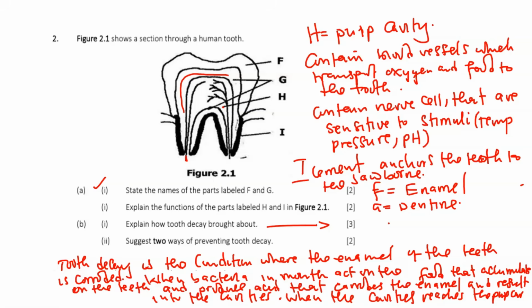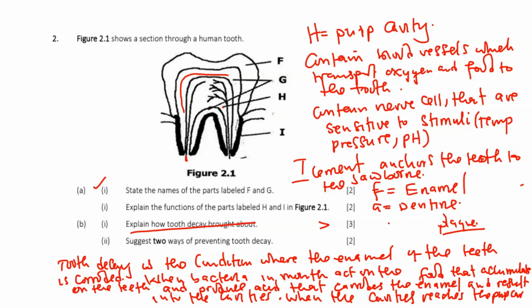So how is tooth decay brought about? You can say tooth decay is brought about when the bacteria in the mouth act on the food that accumulates on the teeth, called plaque. And of course, you know that they respire. Those bacteria feed on the sugars that remain on the teeth, and they respire. In the process, they produce acid.